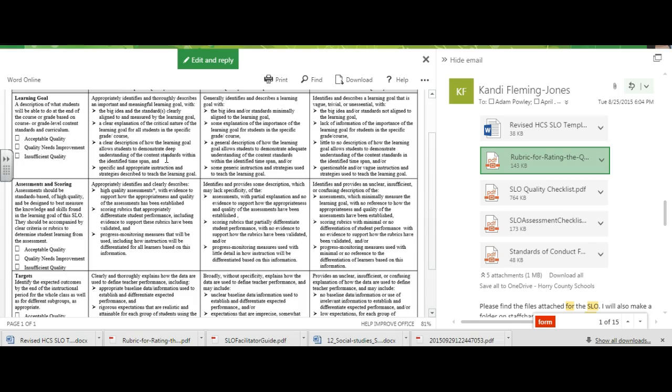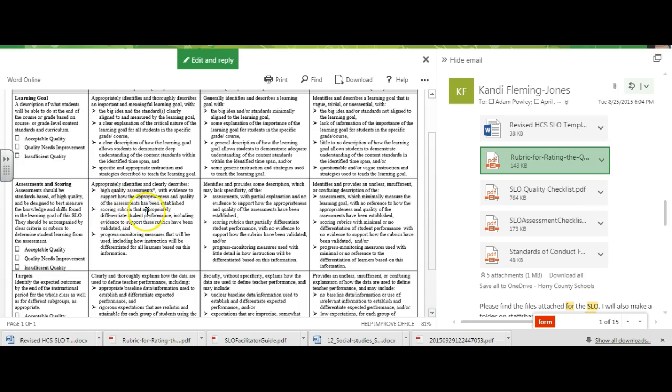And you have specified very specific instructional strategies that you're going to use to help the students be successful. So that's important. And if you look here, this is a rubric part I've been talking about under assessments and scoring. High quality assessments with evidence to support how the appropriateness and quality of assessments has been established.